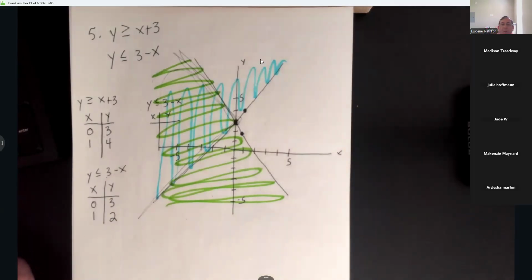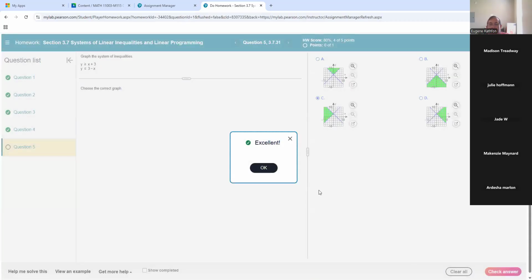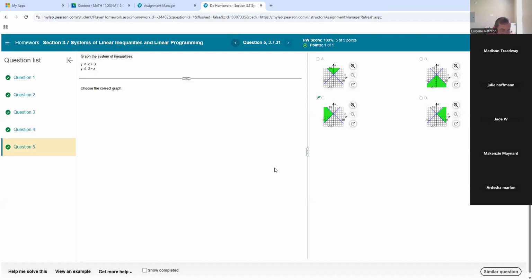Okay. So let's go to Math Lab. So A, B, C, or D? So definitely C here, y'all. There you go. Okay, so then you would check that answer and be done with that, okay? So y'all, that's the 3.7 part.